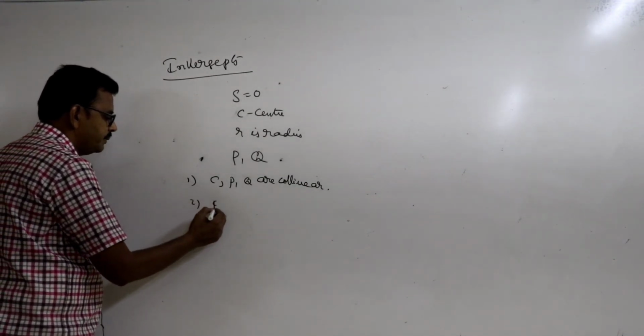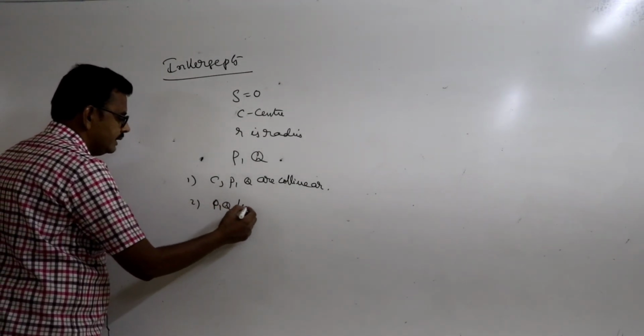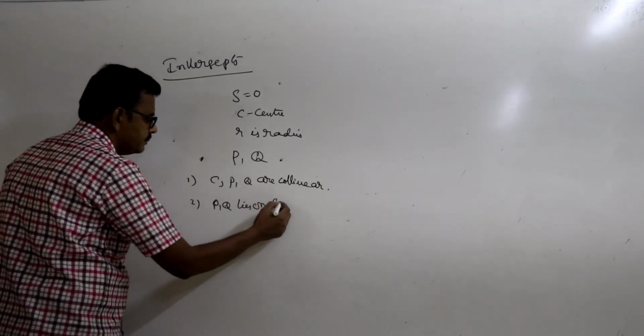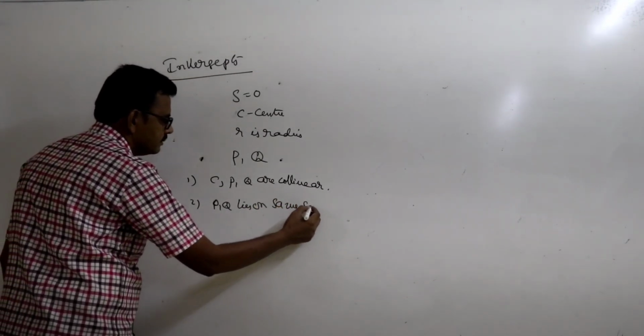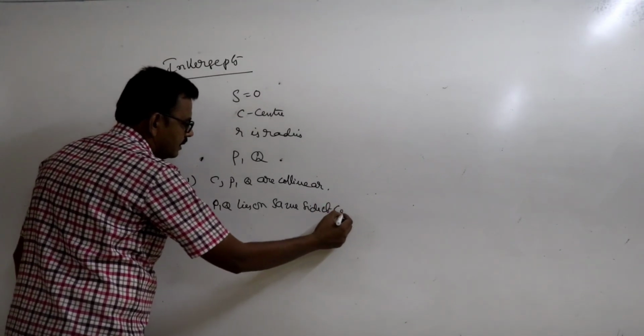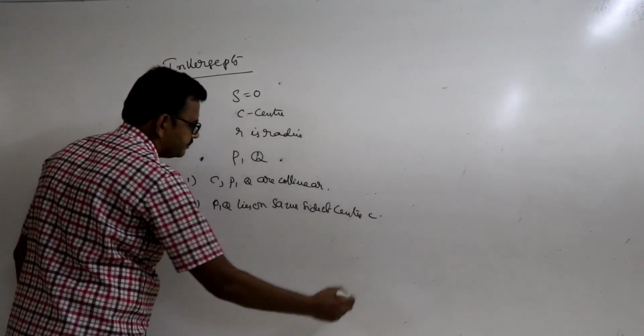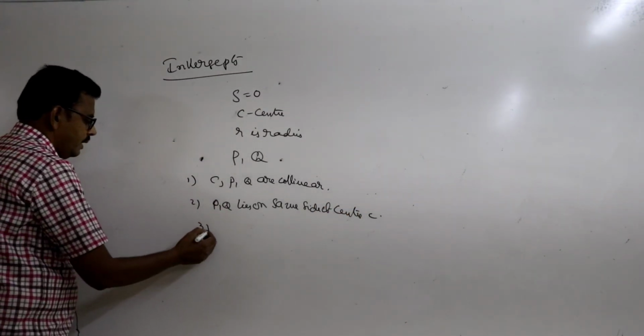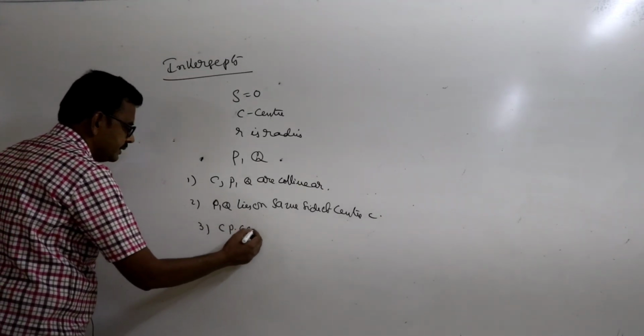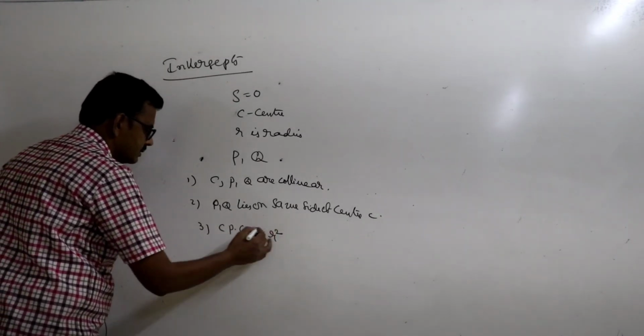and P, Q lie on the same side of the center C, and CP into CQ is equal to r square.